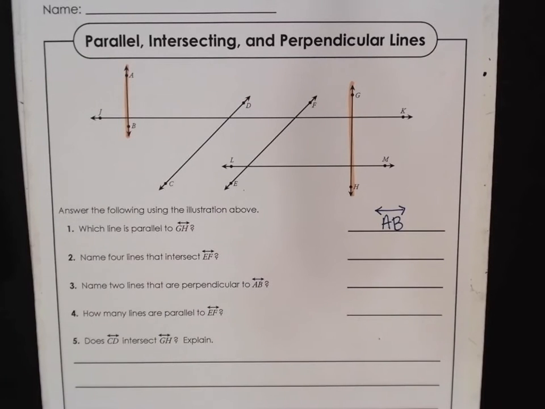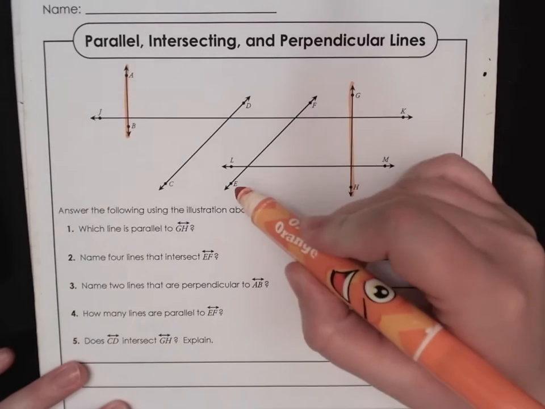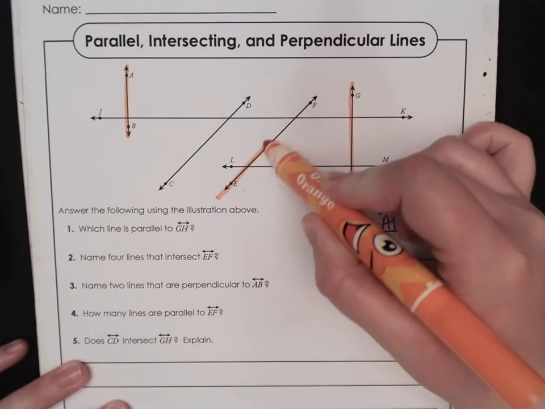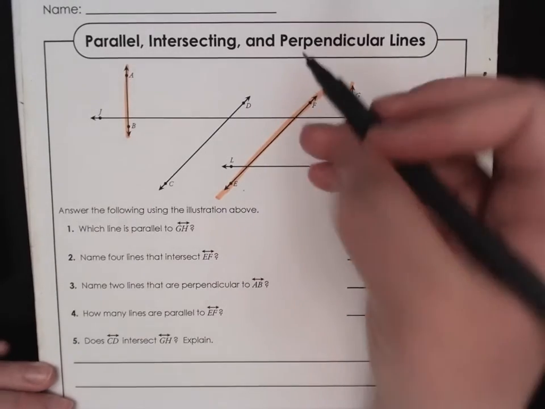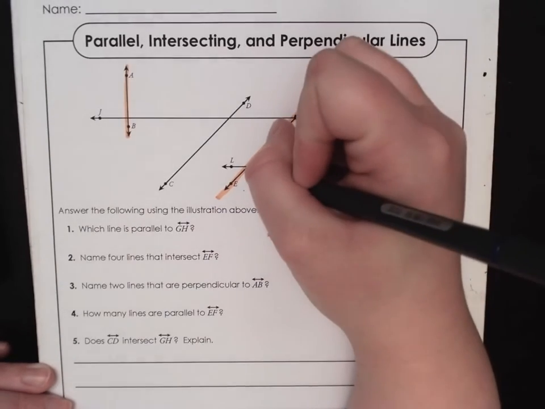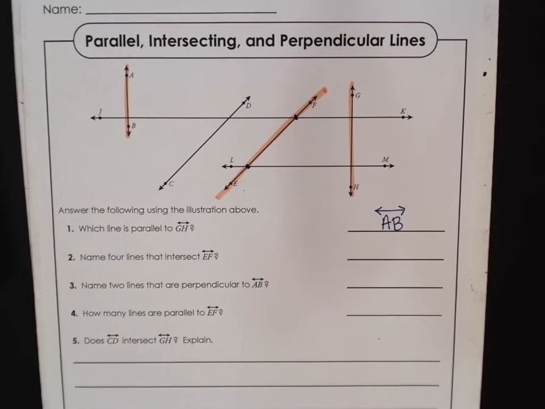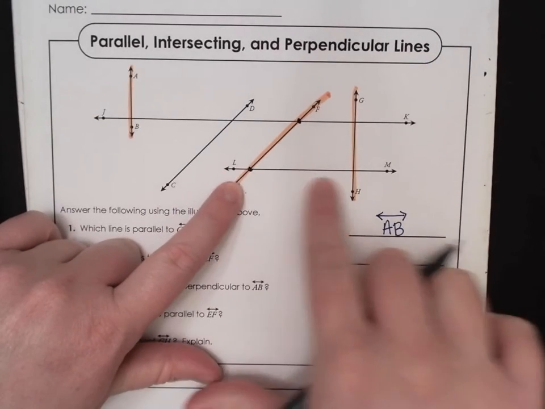Number 2 says name 4 lines that intersect EF. EF is right here. So already I can see that there's 2 lines that are intersecting line EF. One of those is this one right here.